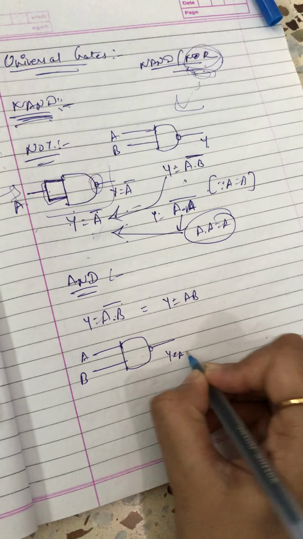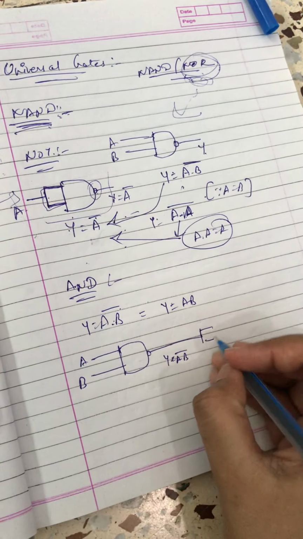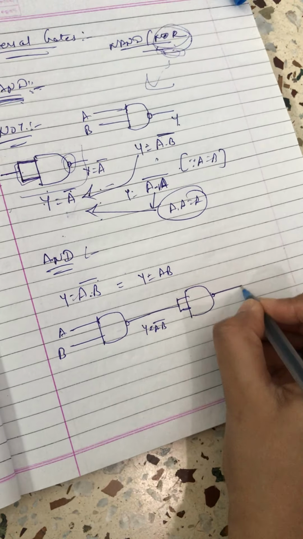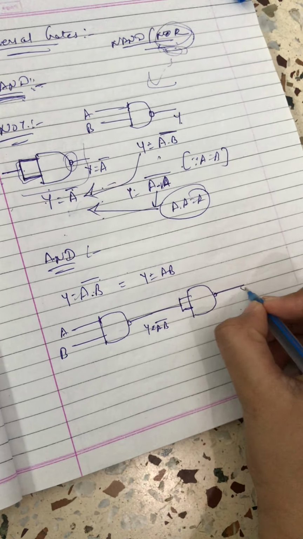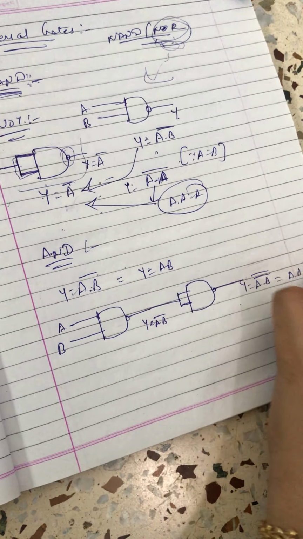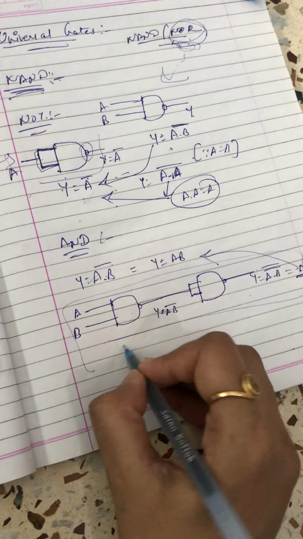Here you will get (ab) bar. Now you put a NOT gate, made from NAND, and you will get y equals ((a dot b) bar) bar, which equals a into b. So you get back AND.